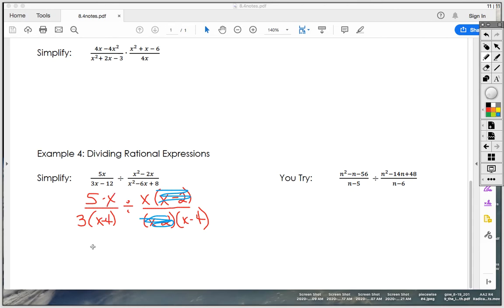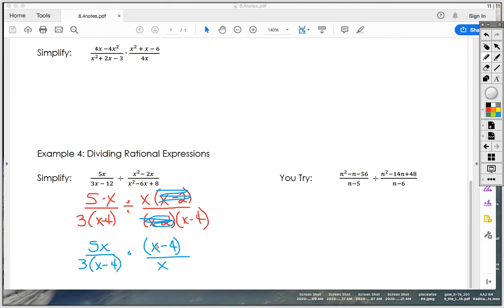Now, again, keep. So I'm going to keep the first number the same. 5x over 3 times x minus 4. Change our division to multiplication, and then reciprocal or flip, x minus 4 over x. Then I cross cancel.